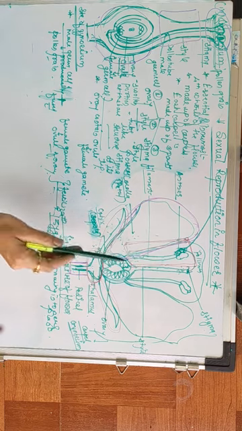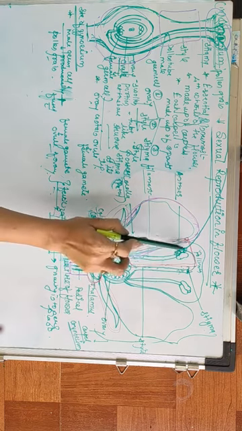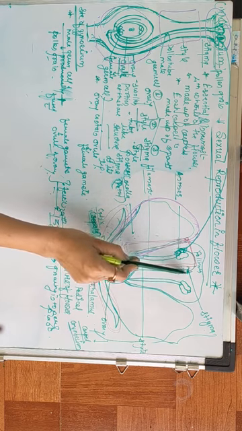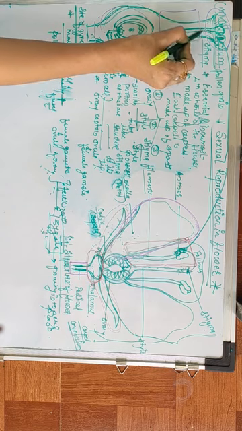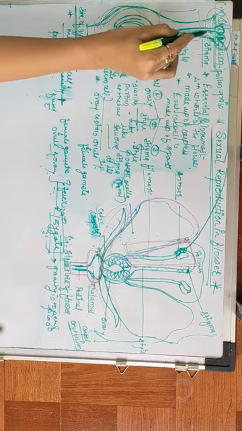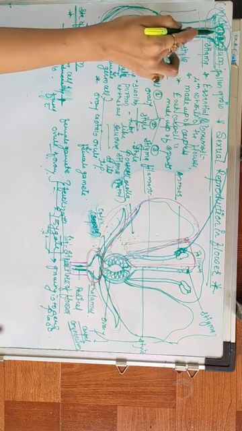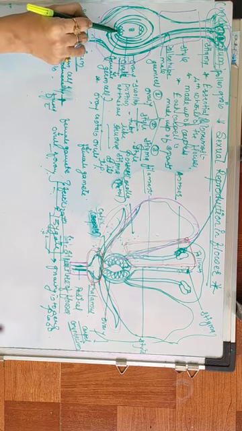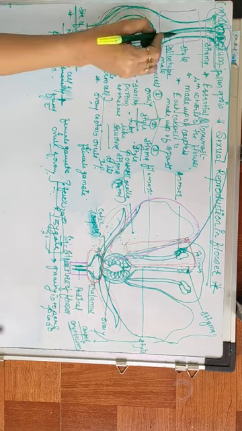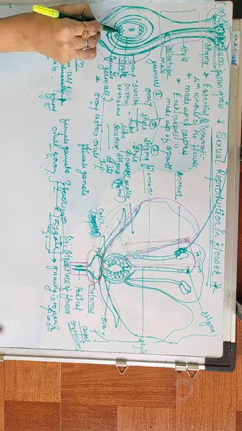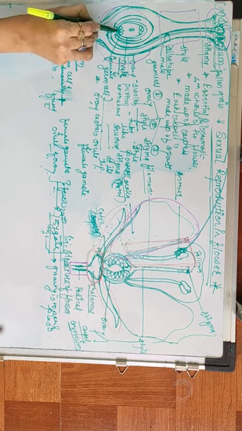So what happens through pollination? The male gamete present in the pollen grain sticks to the stigma. After sticking, what does it do? We saw this is the pollen tube. So it starts forming a pollen tube from this pollen grain to the egg cell in the ovule. Then the male germ cell is transferred through this pollen tube and reaches the egg. Here is the female gamete, here is the male gamete.